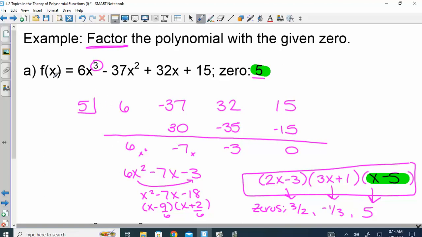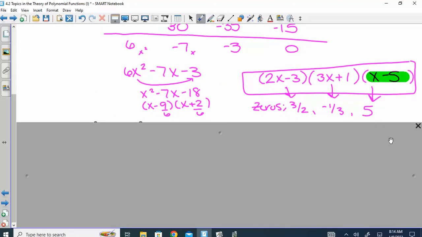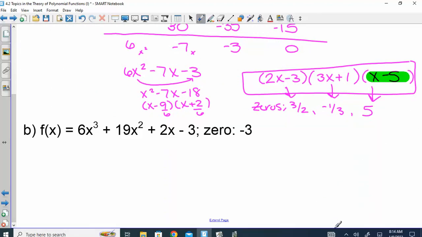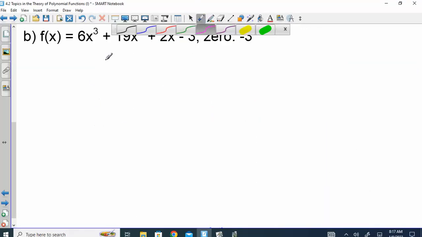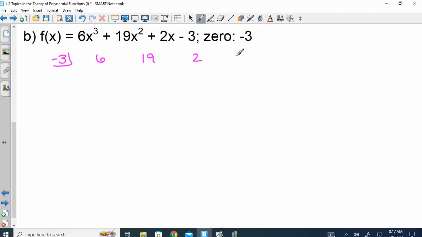Let's practice another one. Do you think you can set it up and start it? All right, so what did you do first? Synthetic division. All right, if I give you the 0, we start with our synthetic, and that negative 3.